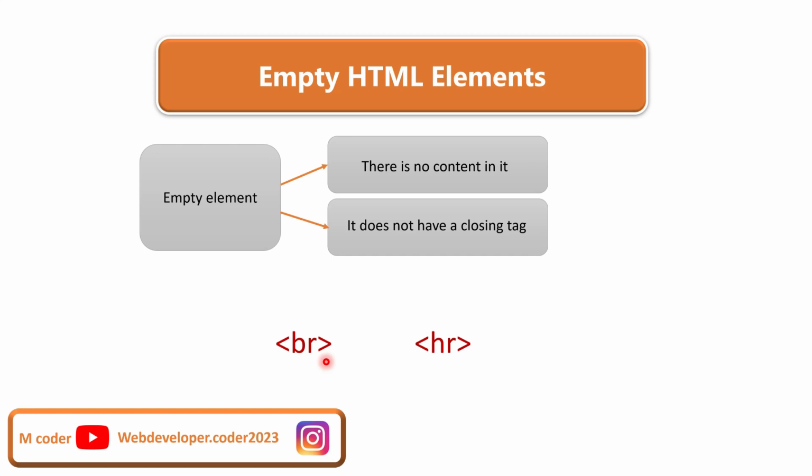For example, the br tag defines a line break and is an empty element without a closing tag. In an empty element, there is no content and it doesn't have a closing tag, such as br and hr. I will explain in detail later.